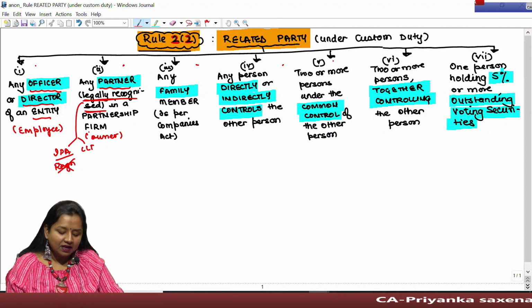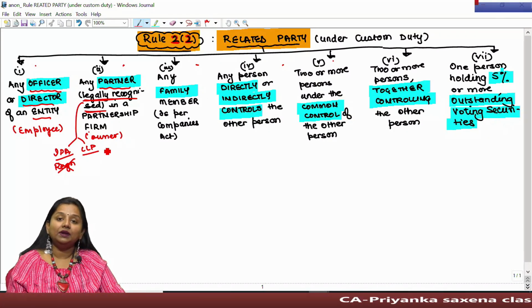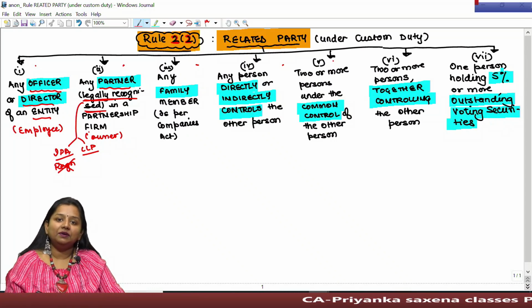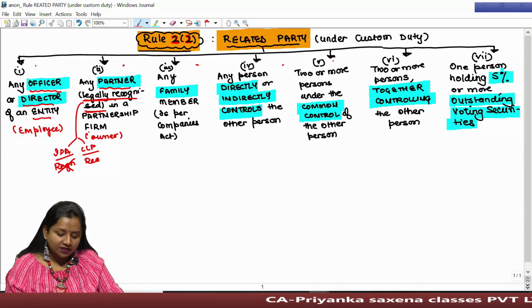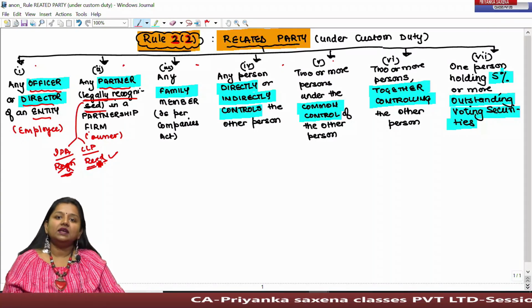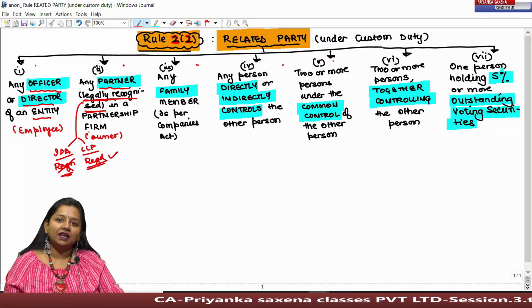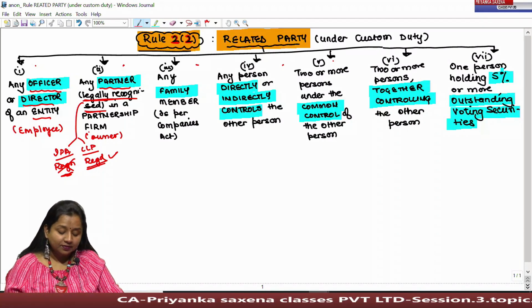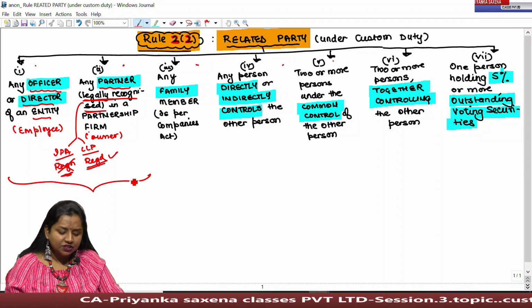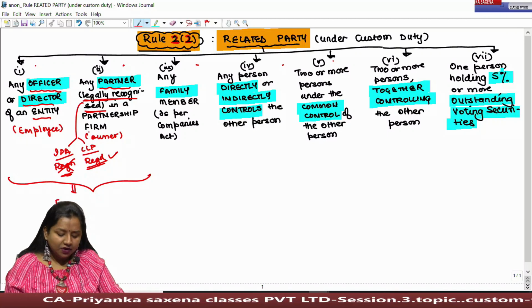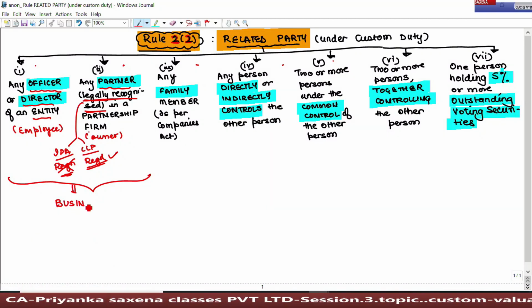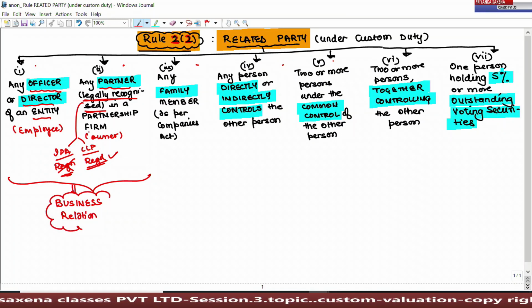And we have another, the Limited Liability Partnership Act, where it is compulsory to get the firm registered. So even if it is registered or not, in both the cases the partner in the firm shall be treated as related party. That means in the first two cases the relation has been created because of business. So we can classify them as business relatives.